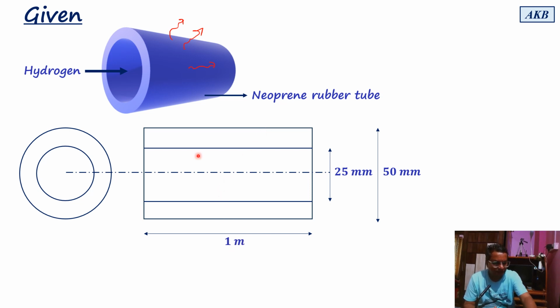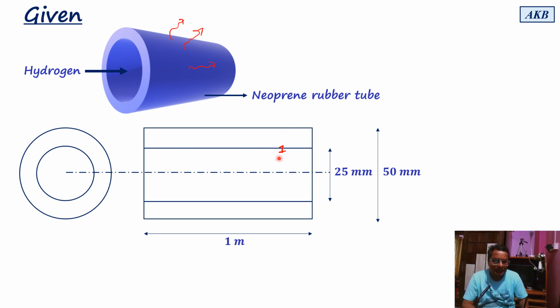Then the length for which we are going to do calculations is 1 meter. We are supposed to find out the rate per unit length of the pipe. So in our calculation, length will be 1 meter, inner diameter is 25 mm, outer diameter is 50 mm. This is the geometry of the pipe we have depicted in this diagram.